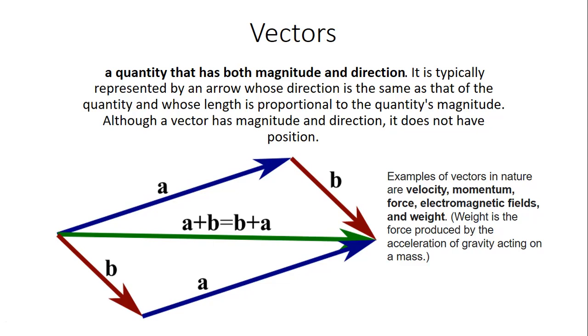Examples of vectors in nature are velocity, momentum, force, electromagnetic fields, and weight. Because weight is a force that is produced by the acceleration of gravity acting on a mass.